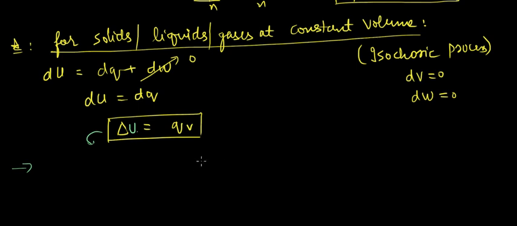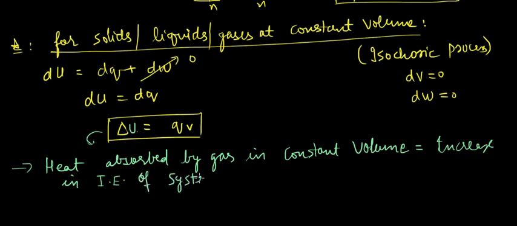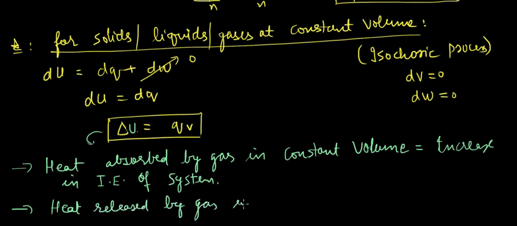Whatever heat is absorbed or released at constant volume would be equal to delta U. Heat absorbed by the gas in constant volume would be equal to increase in internal energy of the system. Similarly, heat released by the gas in constant volume would be equal to decrease in internal energy of the system.